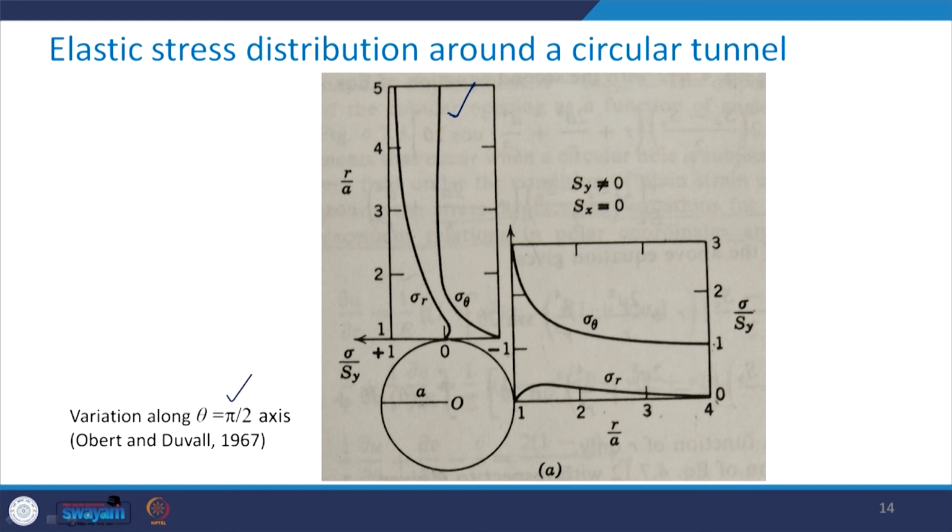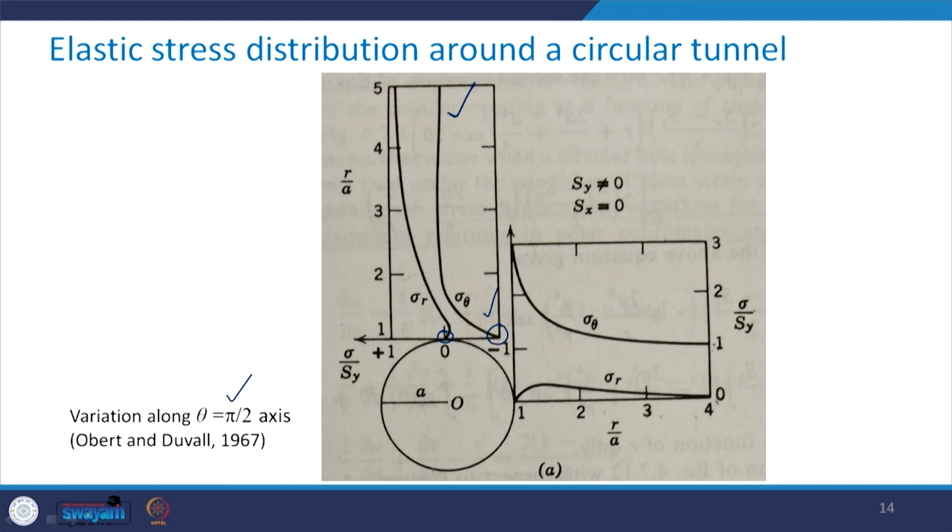When you have r by a equal to 1, that means at r equal to a, that is at the tunnel periphery, you have sigma theta upon Sy equal to -1. We saw that the stress concentration factor was coming out to be -1, and that is what has been represented in this figure.